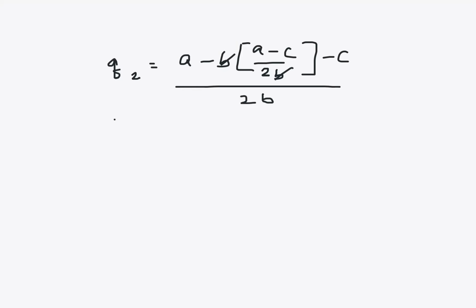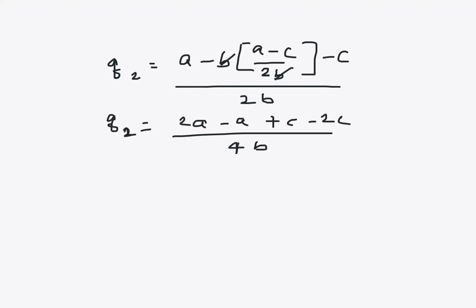Q2 is equal to (2 times A minus A plus C minus 2C) over 4B. So that gives us 2A minus A is A, and C minus 2C is minus C, over 4B. So this is the output that firm 2 will produce in equilibrium.